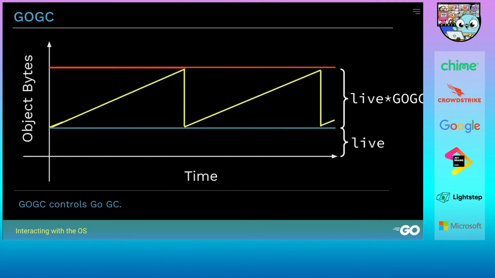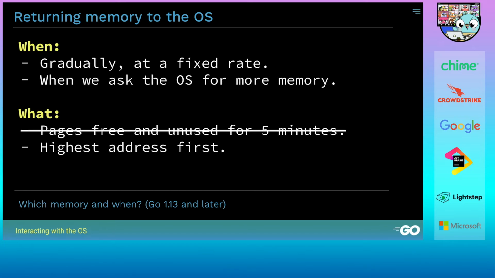So that means we want to make sure that at least that much memory is kept available and not returned to the OS, because then reusing it has a cost.